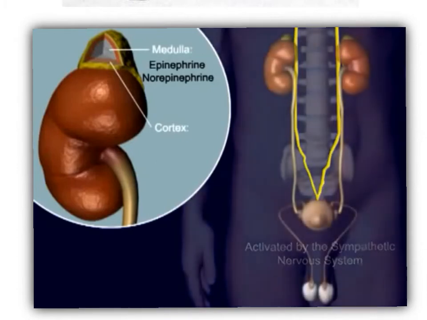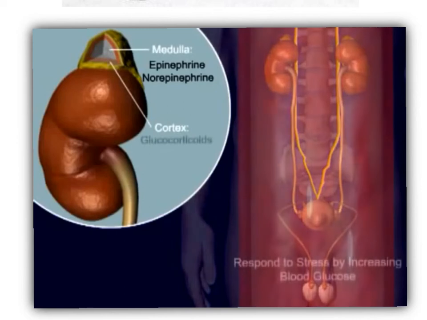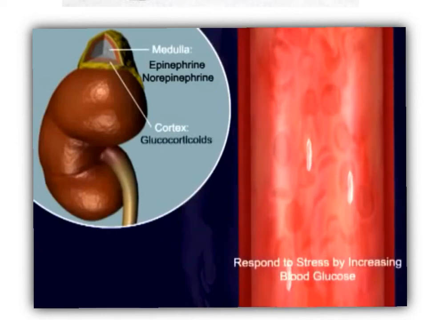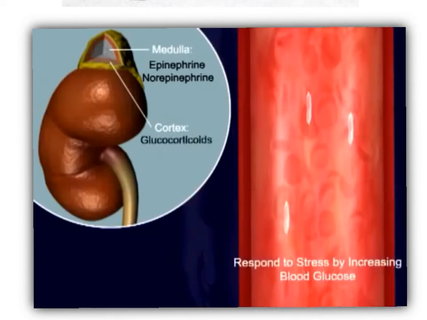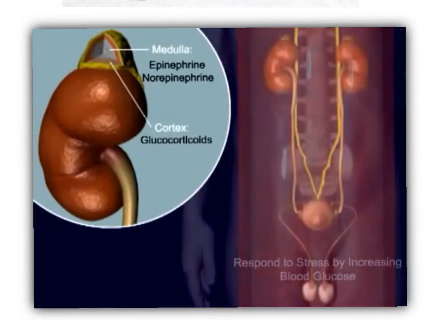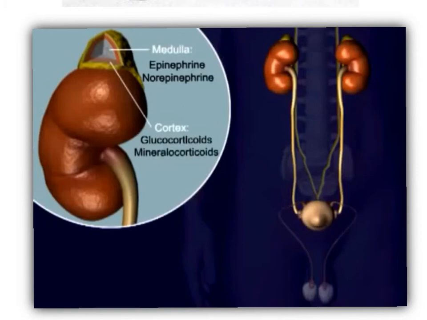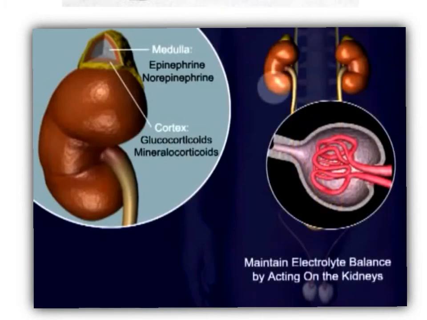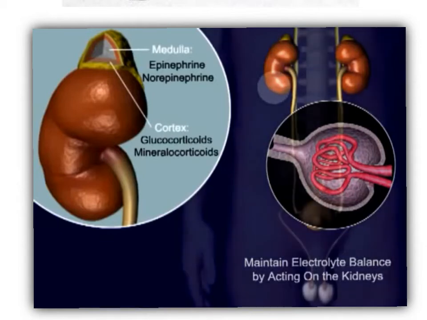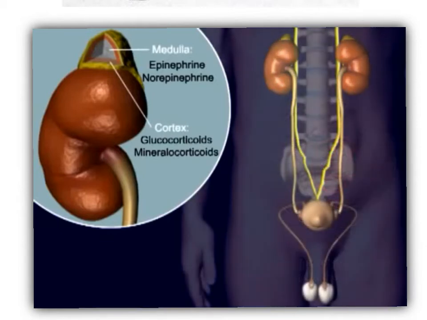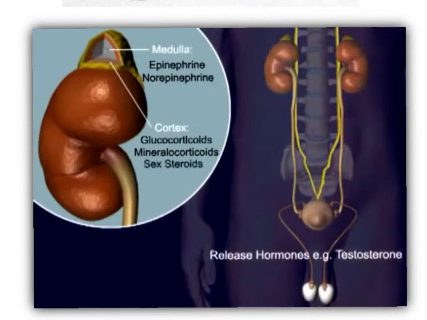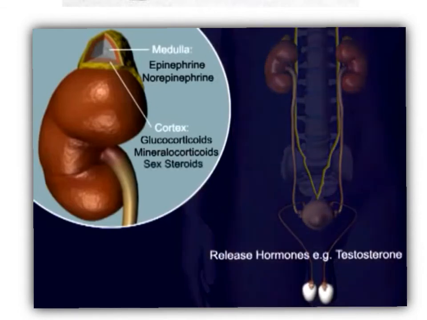The adrenal cortex secretes glucocorticoids that respond to stress by increasing blood glucose. It also releases mineralocorticoids that maintain electrolyte balance by acting on the kidneys. The innermost layer of the adrenal cortex secretes small amounts of sex hormones that resemble testosterone.